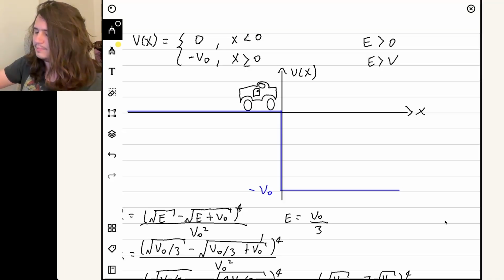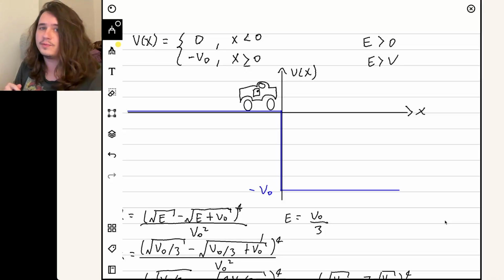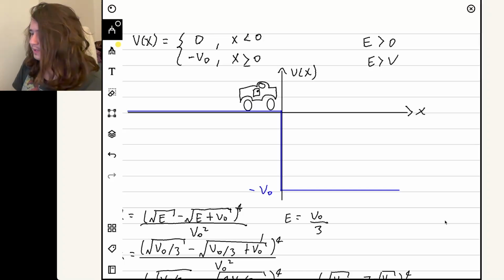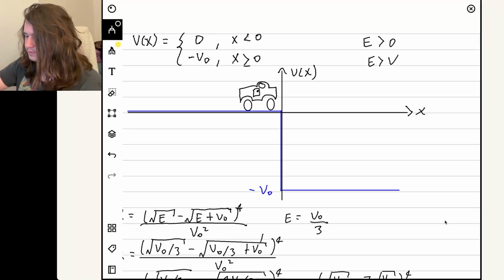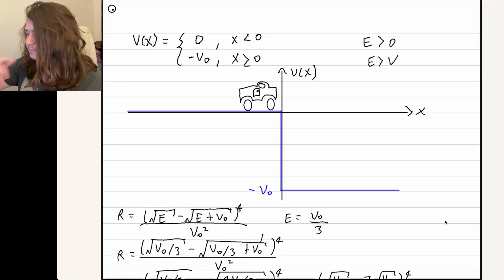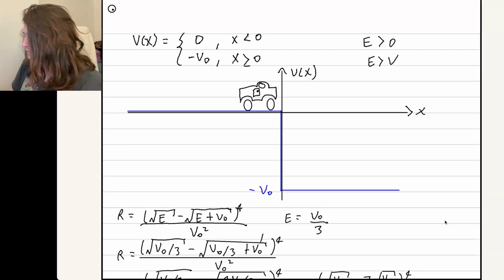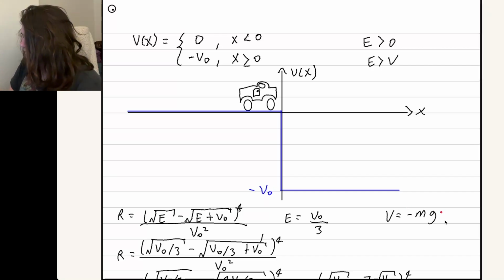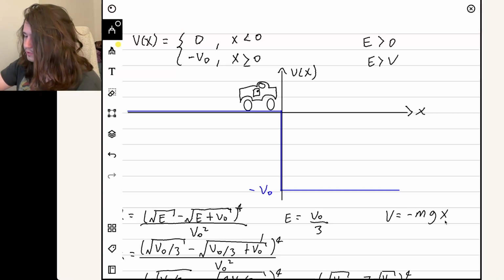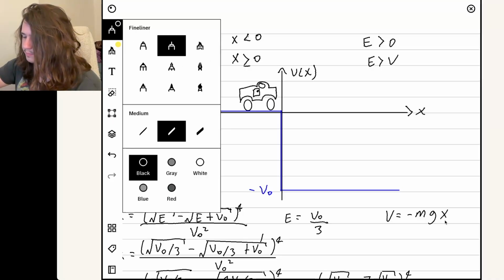Is this the exact same as a car falling off of a cliff? The answer is no. It's kind of a silly cartoon, really, because remember, in classical mechanics, you probably learned this in physics 1, that the potential for an object falling through the air is going to be minus mg times whatever height it is. Let's say x for now, but that's a linear equation. It's not going to be an exact drop off.